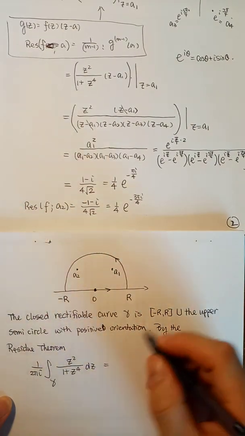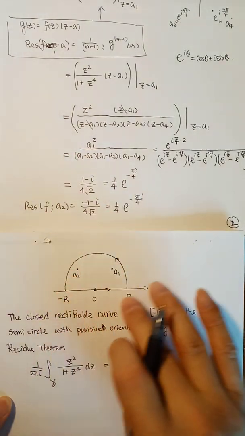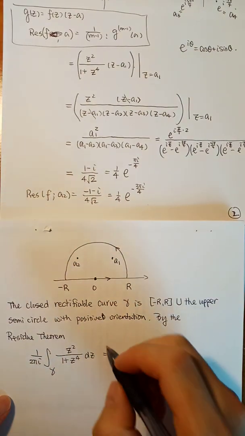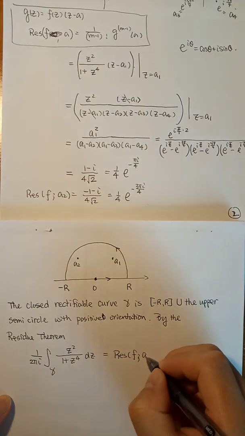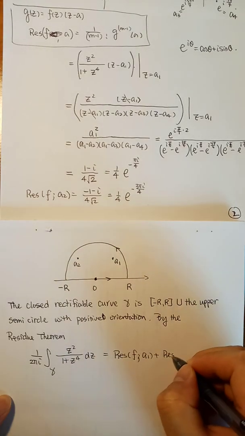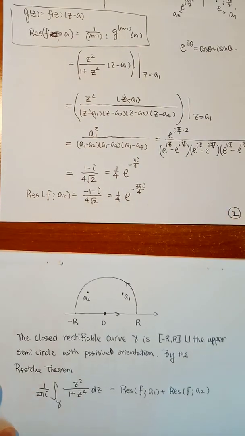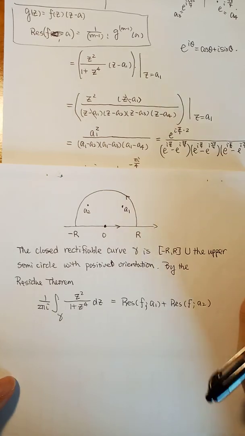It is equal to, there are only two poles, and also this is a simple curve. The winding number is just 1, so it's equal to the residue of f with respect to a1 plus the residue of f with respect to a2. Only two inside this closed rectifiable curve.